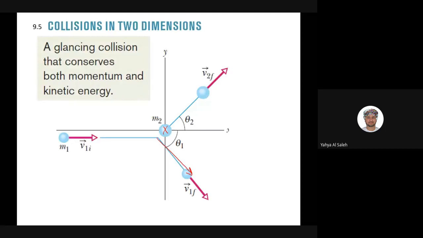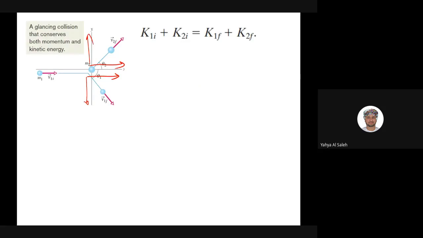Yep, by components. Each one of these have their components. First thing first, we have kinetic energy, which is amazing because we don't need components in it. Because it's not a vector, it's a scalar. So half m1 v1 squared initially equals half m1 v1f squared plus half m2 v2f squared. Lovely. No need for components.